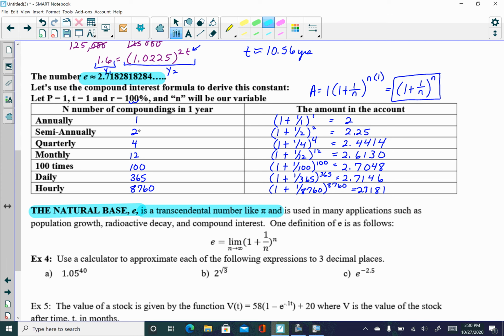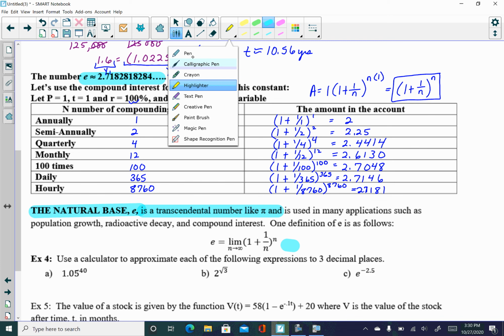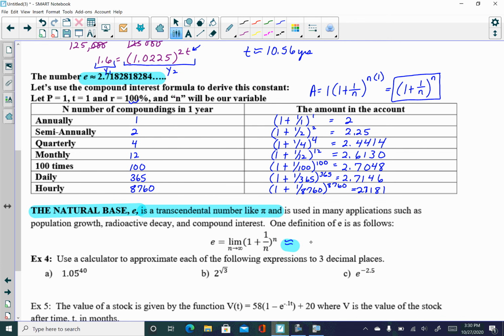Notice how my n value kept getting bigger and bigger as my limit as n goes to infinity of 1 plus 1 over n raised to the nth power is approximately 2.718281828. Okay, that's our approximation there for e.